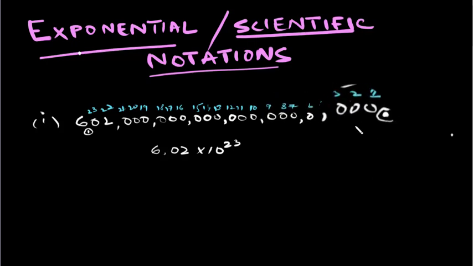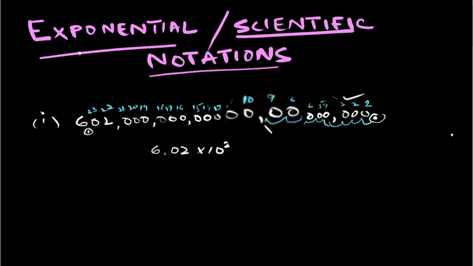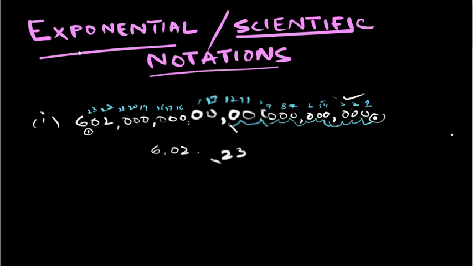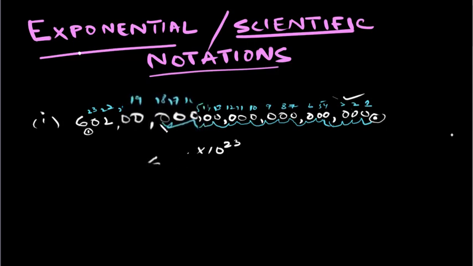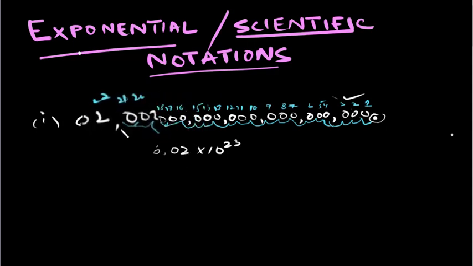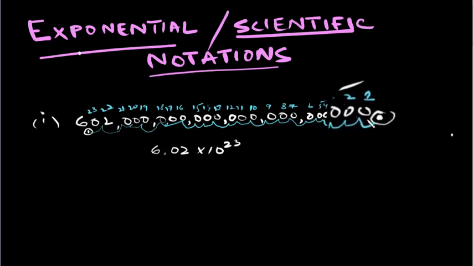So when this decimal point moves step by step, counting 1, 2, 3, up to 23, the decimal point has moved 23 places leftward from the very right of this number.